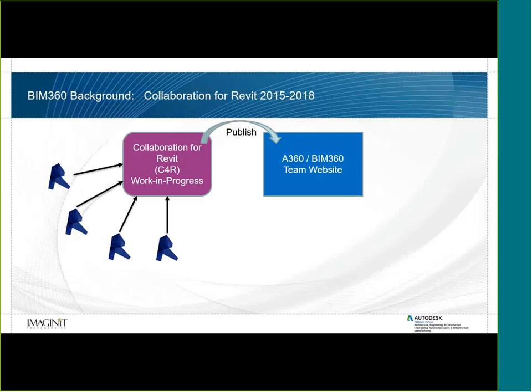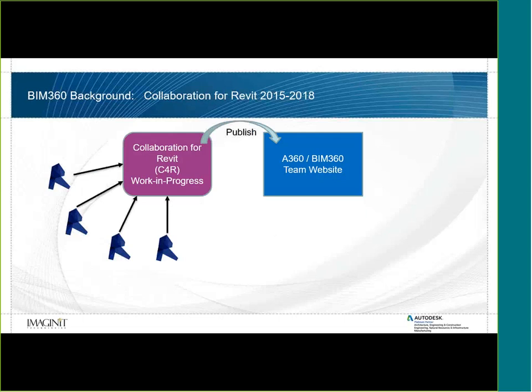In older versions of Revit, we'll say 2017, well, actually 2015 through technically 2018.3, there's a cloud collaboration service that you can get from Autodesk called Collaboration for Revit. And with that, you have the ability to have any number of different people working anywhere there's an internet connection on this Revit file that's sitting up in the cloud, in this Autodesk Collaboration for Revit environment.